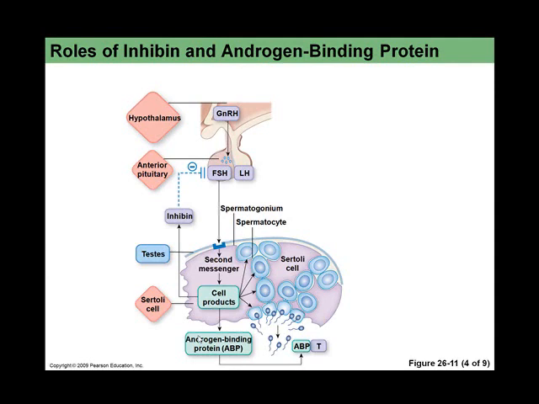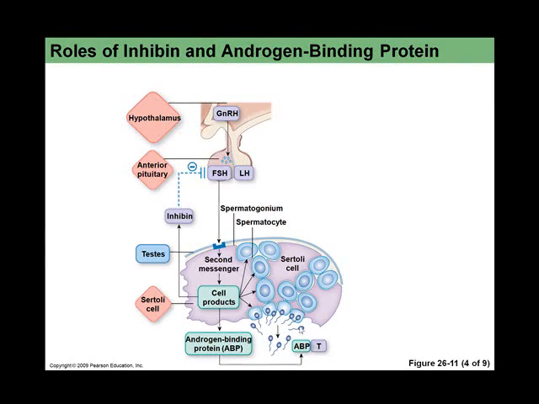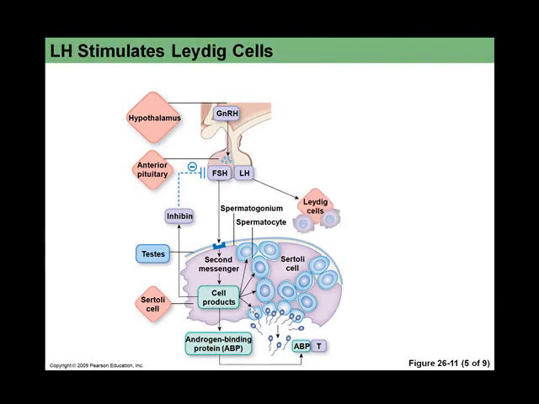Another paracrine structure is the androgen binding protein that will occupy testosterone and keep it at higher levels, and the testosterone has to be at higher concentrations here in order to have effects on these developing sperm cells.